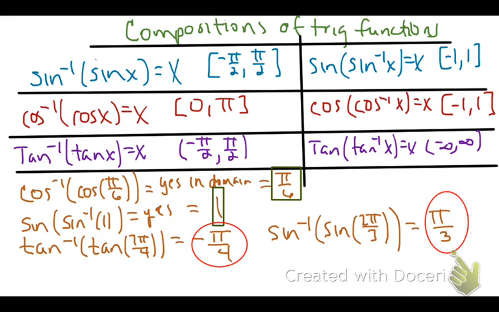So in these last two cases, our output did not match the input like the first two did. In one case, we found the coterminal angle, and in the other, we had to go back to which value was the same, that square root of 3 over 2.